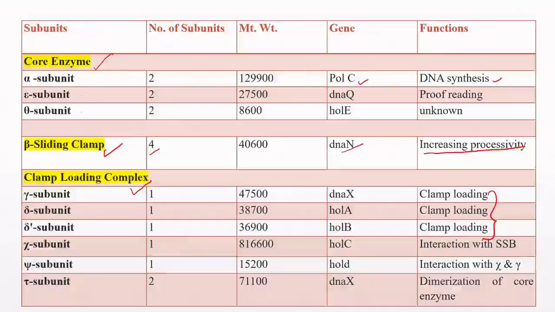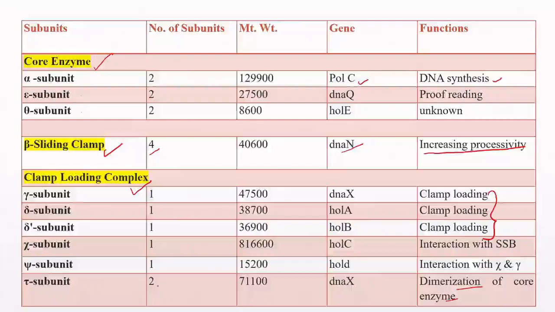The tau subunit is a very important subunit, involved in dimerization of the core enzyme. That is, the two tau subunits are attached to two core enzymes, and this tau subunit dimerizes these two core enzymes and will not allow them to detach.